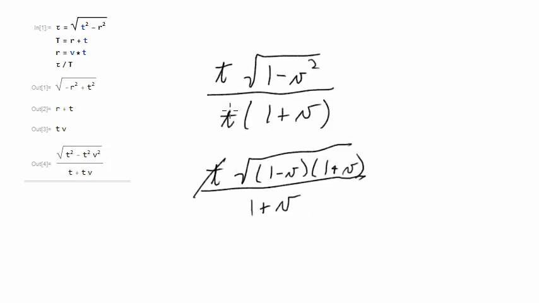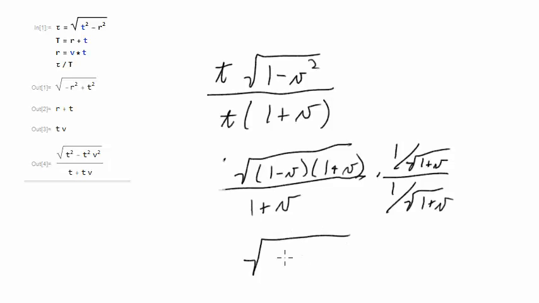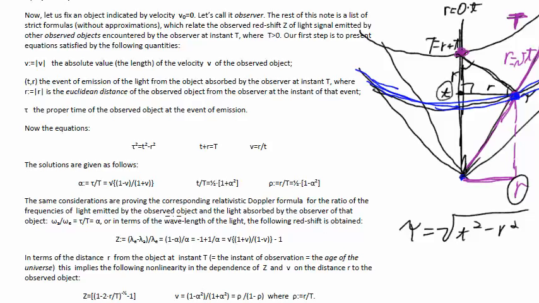I'm sorry, t over t cancels, so we just have that, and then we could take this divided by the square root. Let's multiply 1 over the square root of 1 plus v, and we have the square root of 1 minus v divided by 1 plus v. All right, so this definitely represents the relativistic redshift.